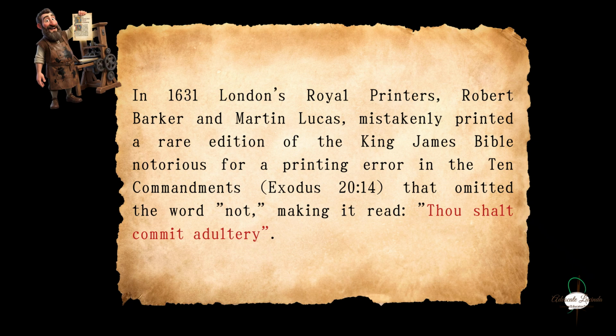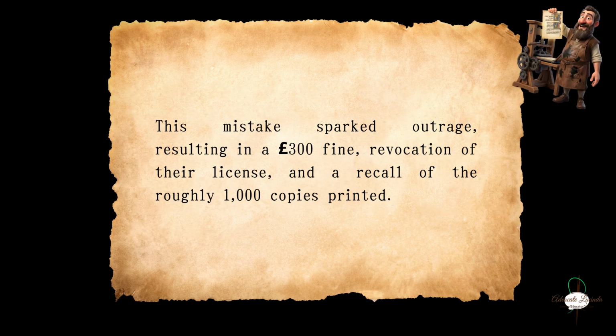In 1631, London's royal printers, Robert Barker and Martin Lucas, mistakenly printed a rare edition of the King James Bible, notorious for a printing error in the Ten Commandments, Exodus 20:14, that omitted the word "not," making it read, "Thou shalt commit adultery."